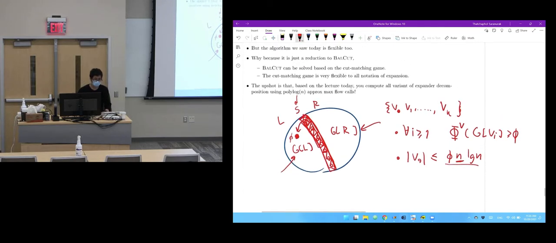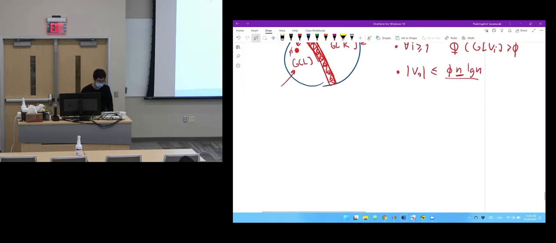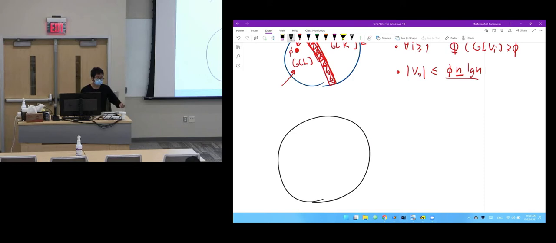Okay? So this log n factor only comes by assuming that we are getting a balanced cut? No, we don't need to assume that, because even if you just use the first argument, when I talk about just the existence of expander decomposition, even if you get an unbalanced cut, you charge this to the smaller side.